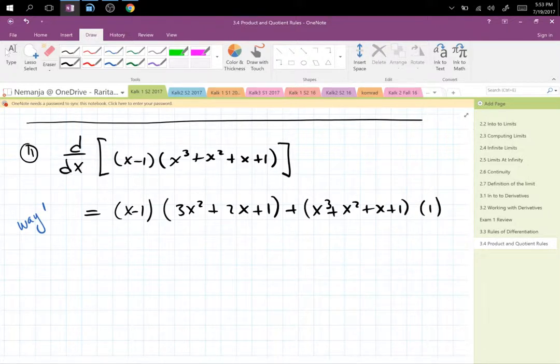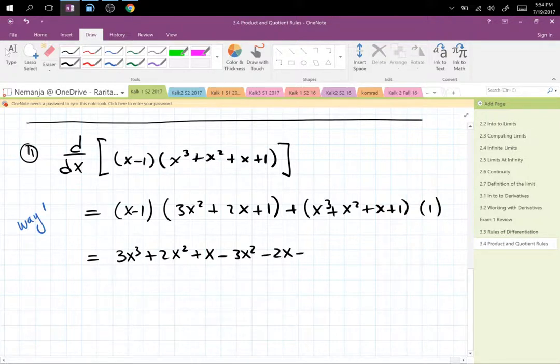So now, to put all of this together, you have to FOIL. So it's 3x cubed plus 2x squared plus x minus 3x squared minus 2x minus 1 plus x cubed plus x squared plus x plus 1. And then we collect like terms.